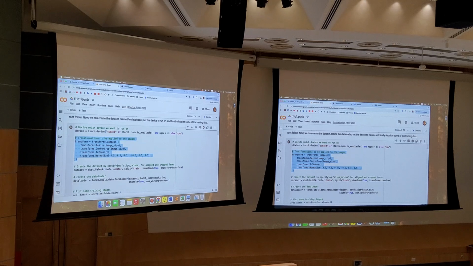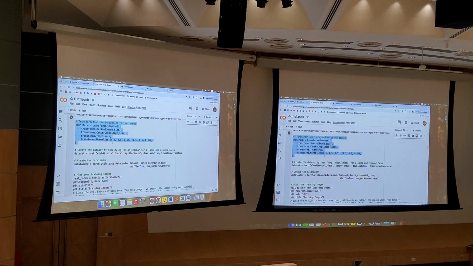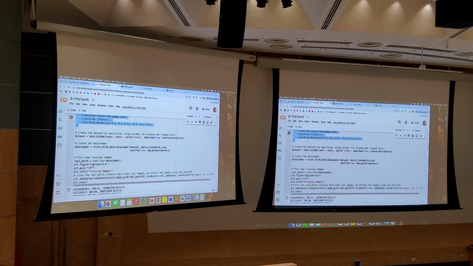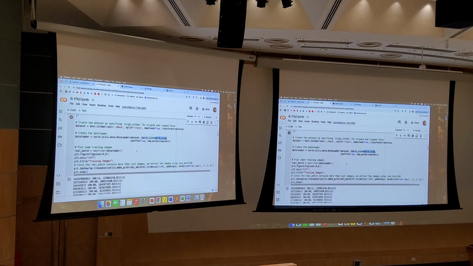Basically we resize it, because the original dataset has different resolutions; all images have different resolutions. We resize to a common size of 64 times 64. Then we do a center crop and normalize it on all 3 channels. And that's it. We load the data using a data loader, where we define the batch size and whether we want to shuffle the data randomly.